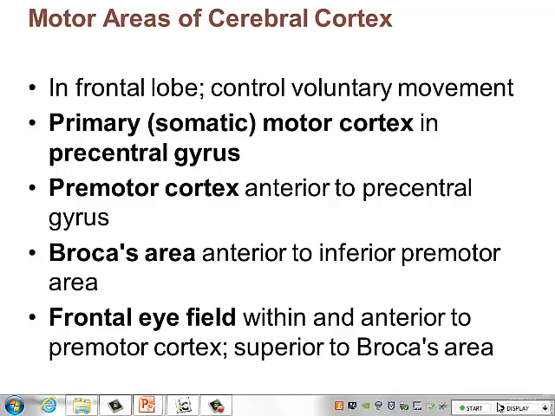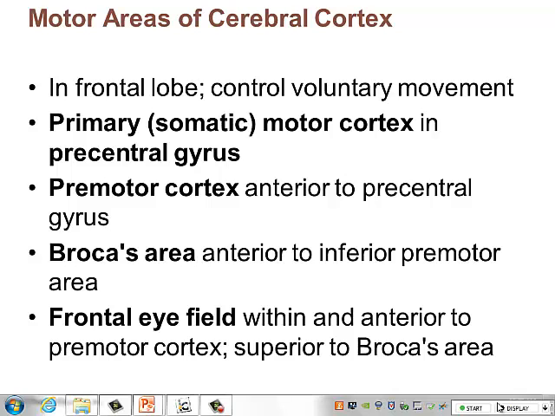So, primary somatic motor cortex in the precentral gyrus. Premotor cortex, anterior to precentral gyrus, are different motor areas. Again, they're outlined in your outline. Have a general idea of what they do. Broca's area.